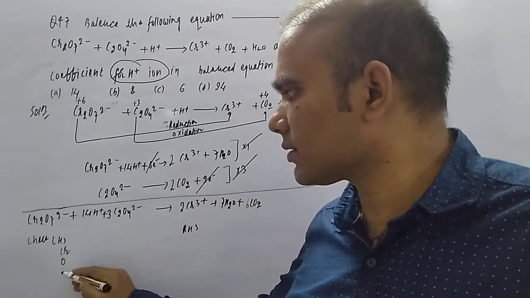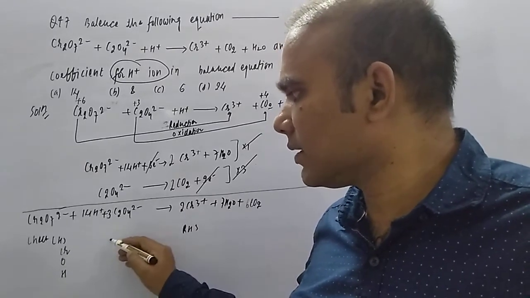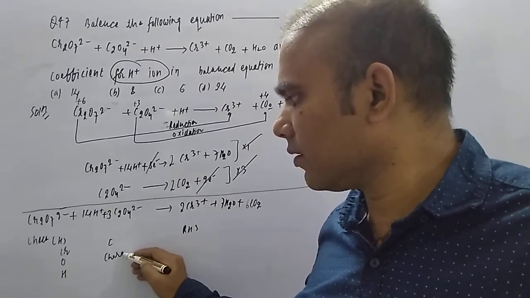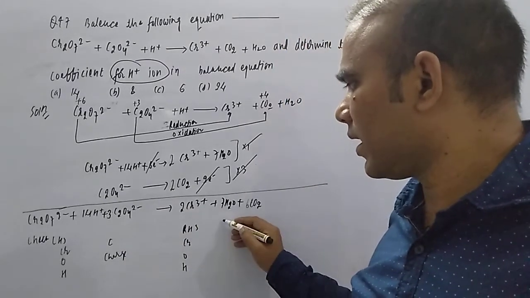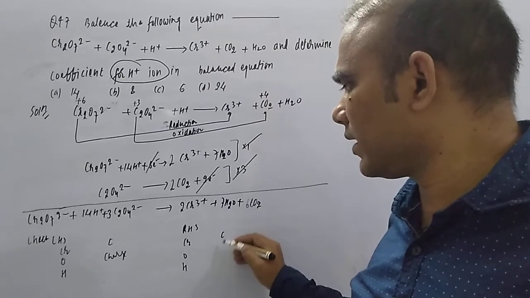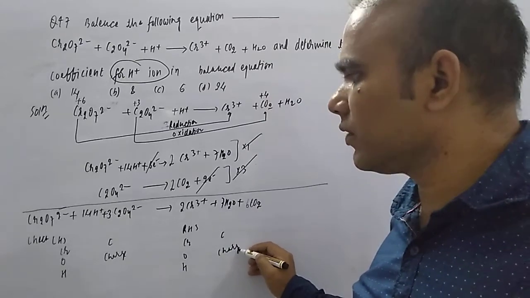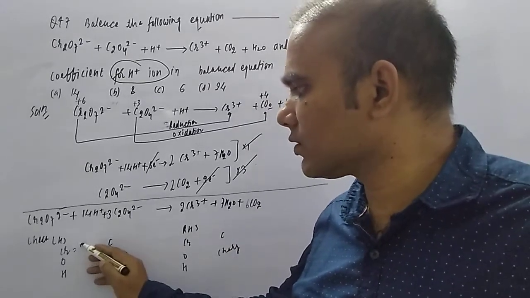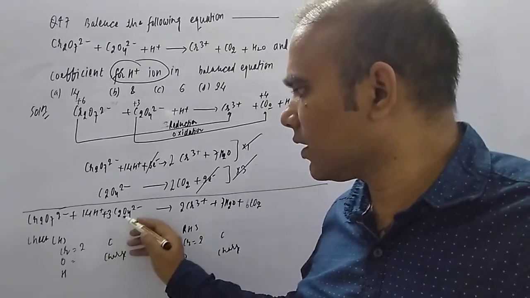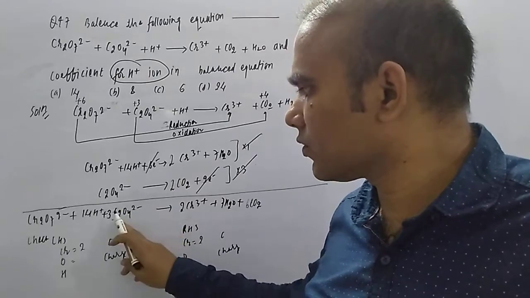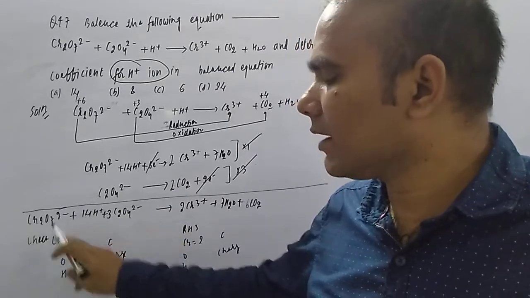Taking chromium, oxygen, hydrogen, carbon and charge, here chromium, how many are there, student? This is 2, and this side also 2. Oxygen, how much? 3 times 4 is 12, and here is 7.